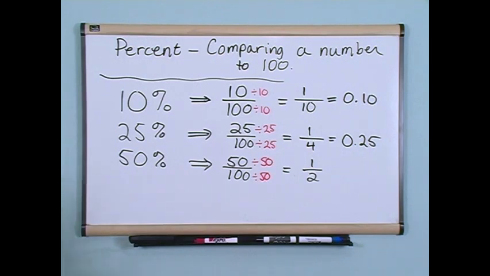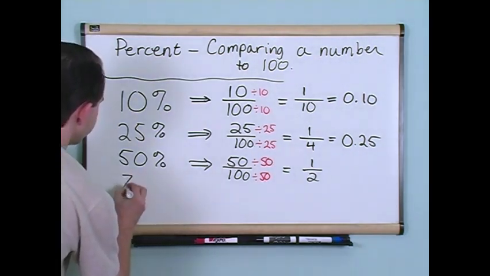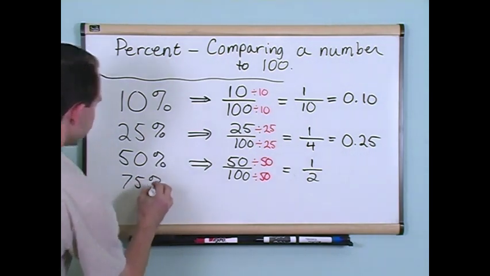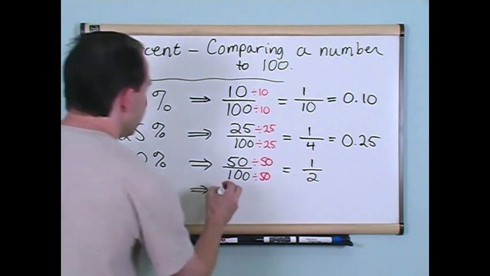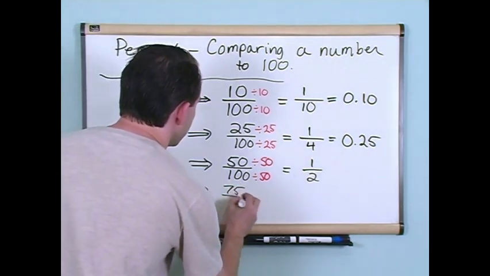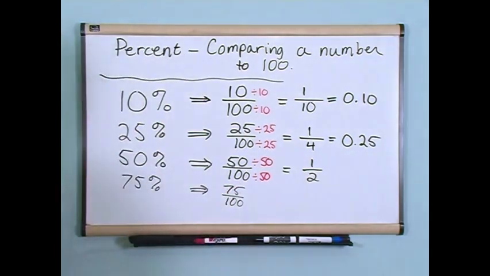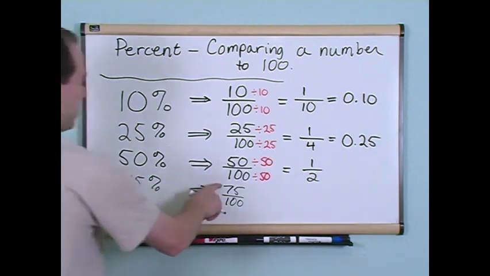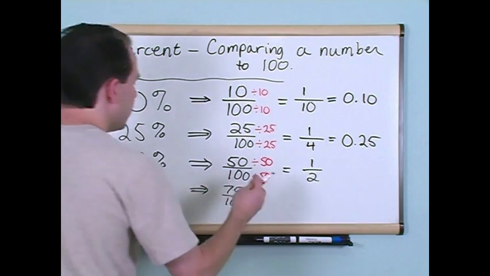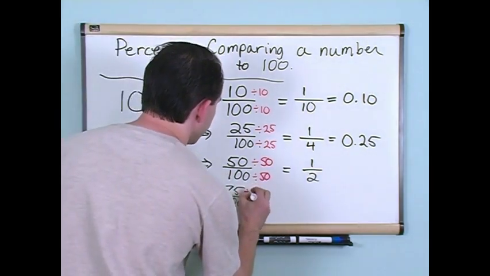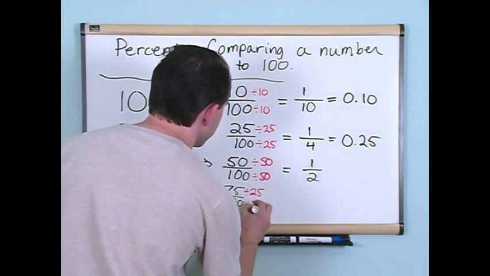Okay, so just going down the line here, if we had 75%, just to be totally clear, that would be 75 over 100. That's my fraction, because 75% means 75 over 100. And can I simplify this fraction? Well, sure I can. I can divide the top by 25 and the bottom by 25.